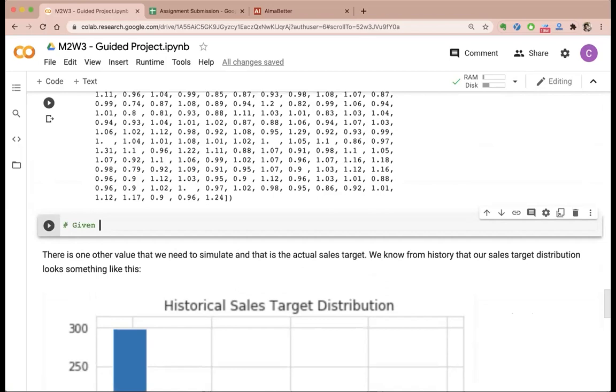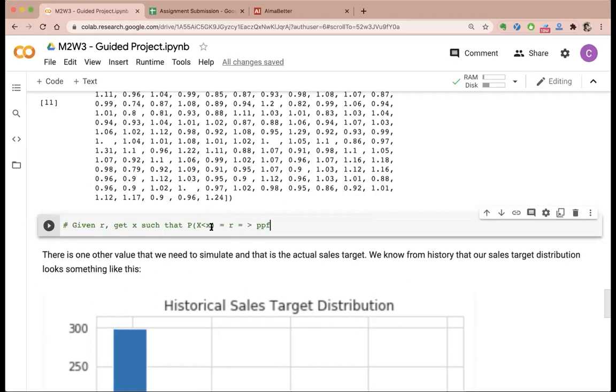PPF is basically the inverse of your CDF. Given r, get x such that P of X less than x is equal to r. For this you used this function PPF.